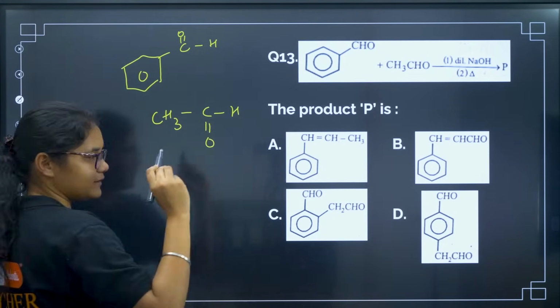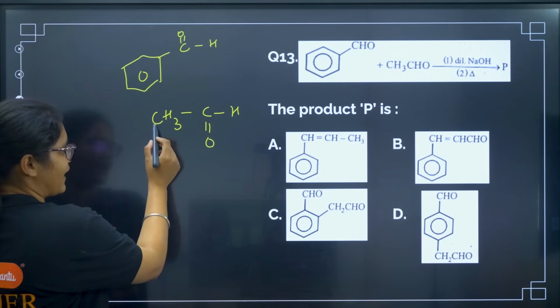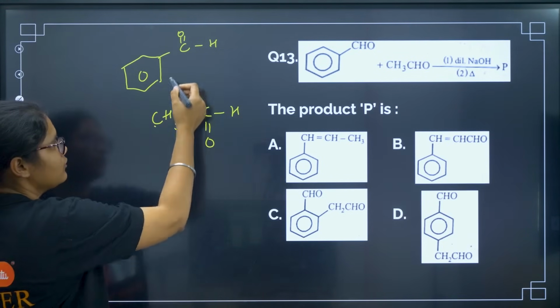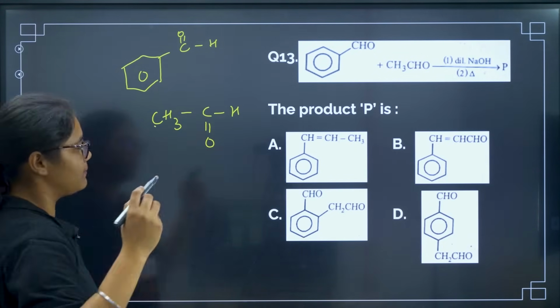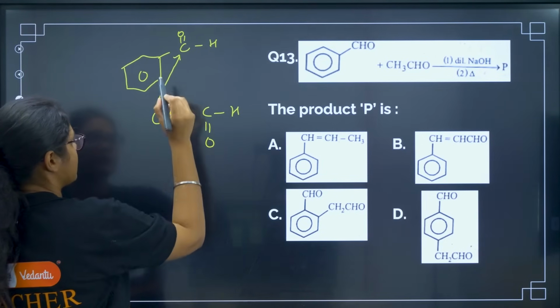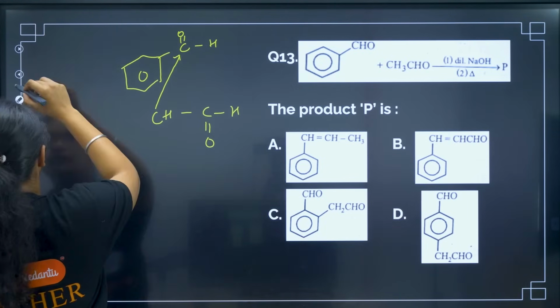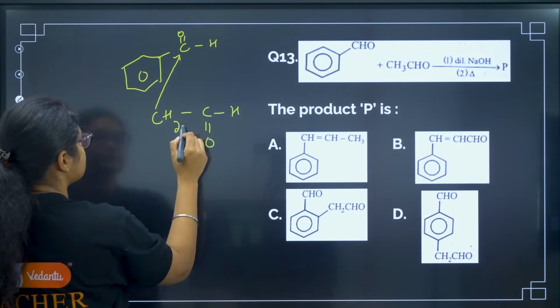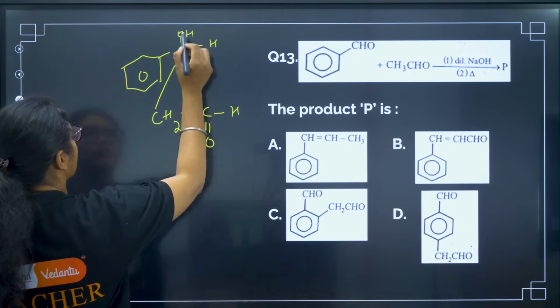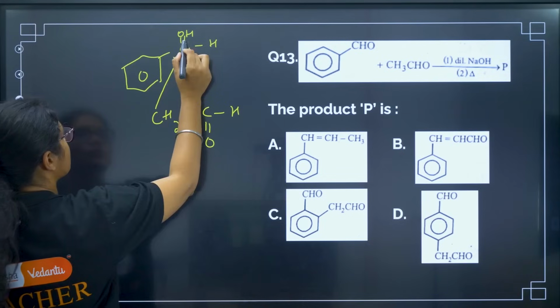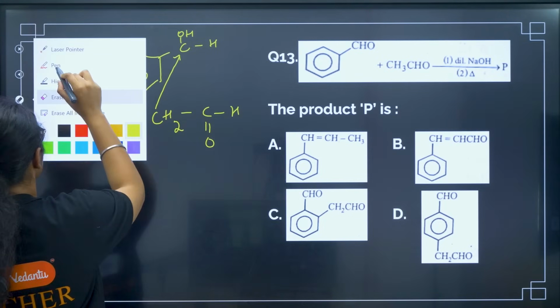So we can just apply the trick here again. Just connect the alpha carbon of one of the compounds to the carbonyl carbon of the other compound. So this one will be connected here. Now remove one H from here and add it there. We have this CH2, and then here it will be OH. After this, the product is having a double bond.